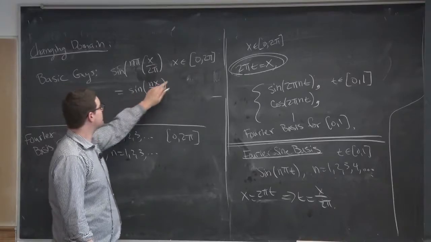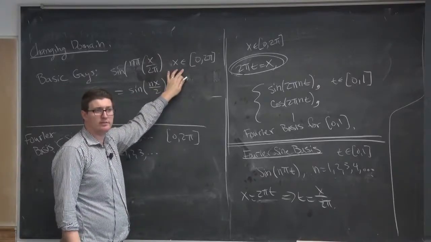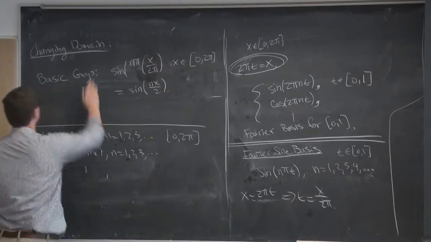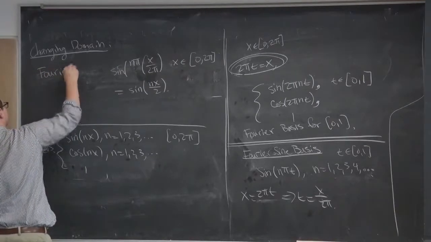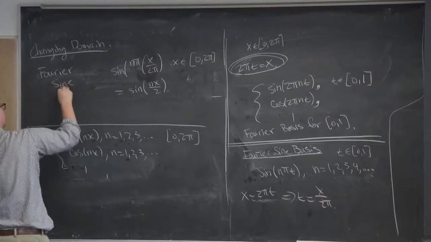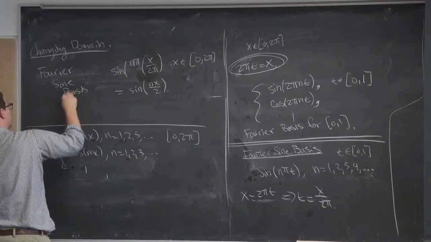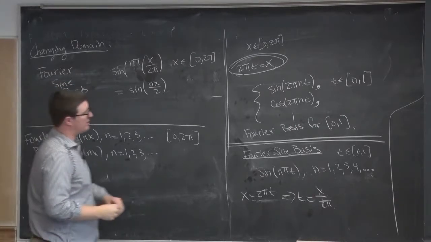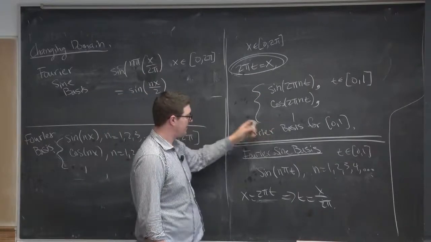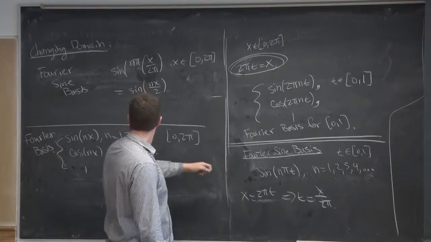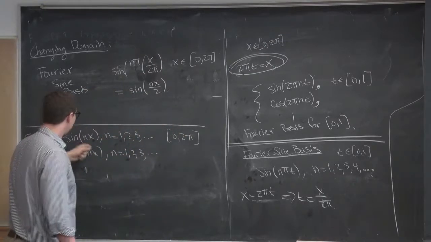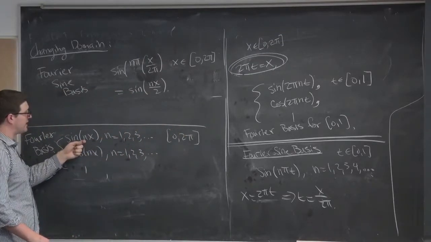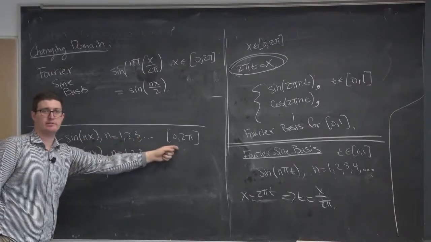Okay, so this is a basis for this interval now. This thing here is the Fourier Sine basis. And the difference between these guys and these guys is that these guys are always periodic on this interval.